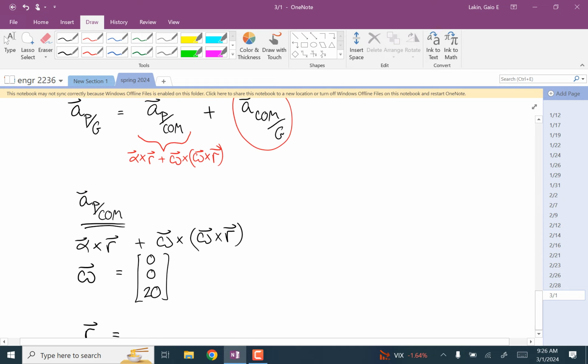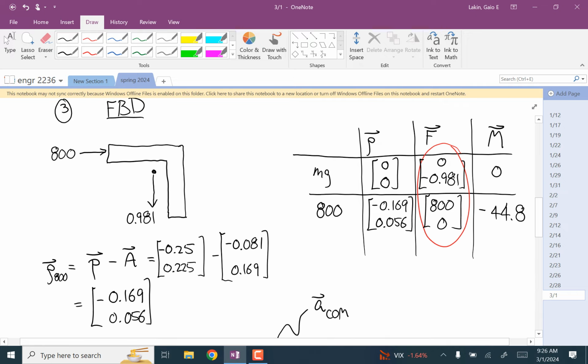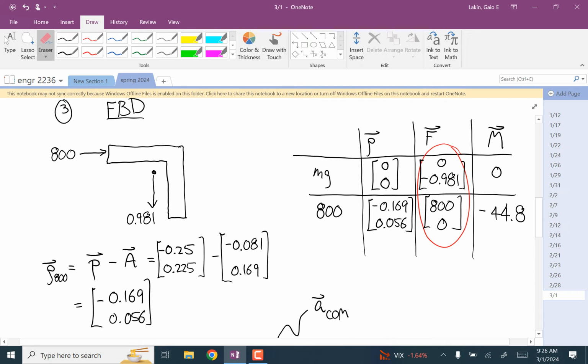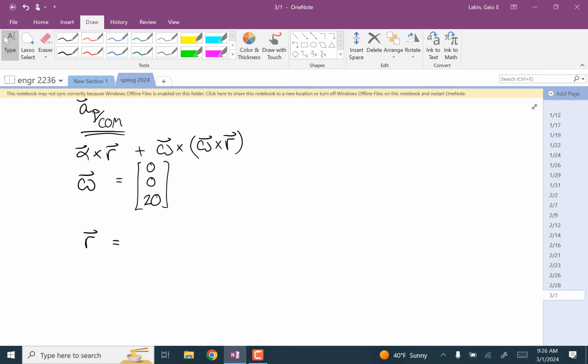Okay, so R is... what we had before was negative 0.225, positive 0.225. That goes from the point P to the center of mass.